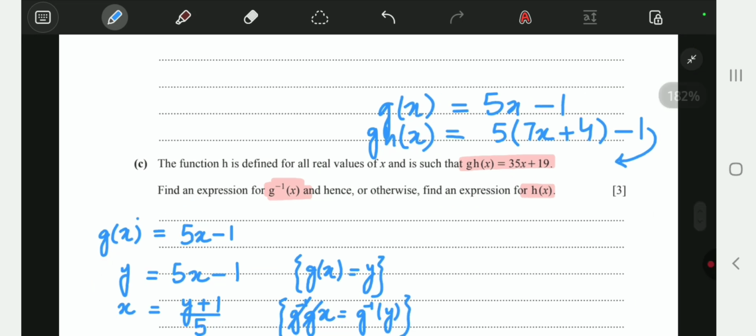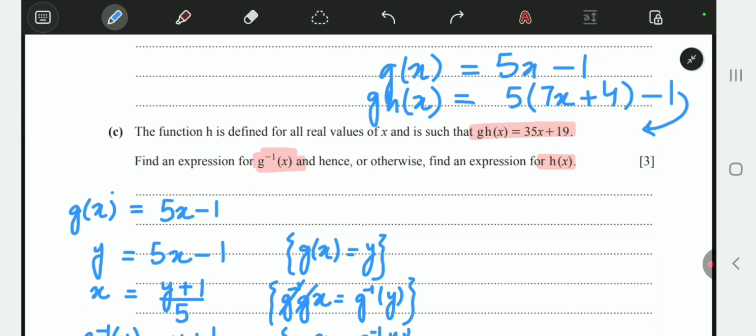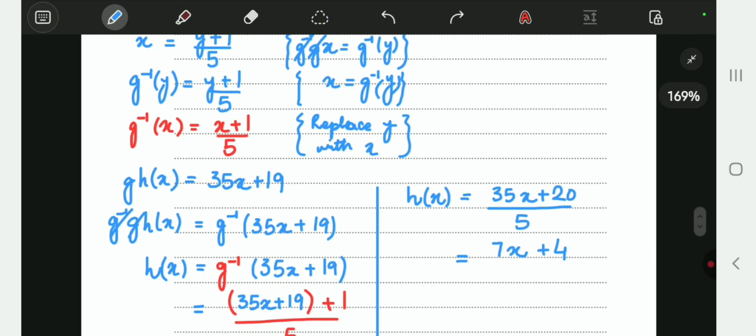But the proper procedure is this, because they said hence or otherwise, so there are many ways of it. But first finding g inverse of x and then doing it in a proper way is the best way to do it. So g inverse of x, first you will find by how do we find an inverse, then you will do g h of x that is given, and then take the g inverse on the other side, it will become g inverse.